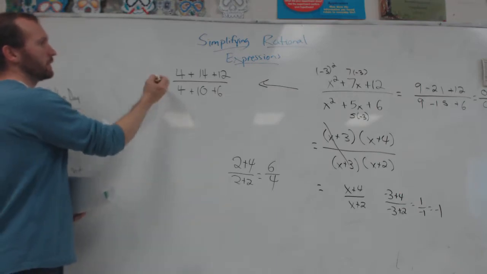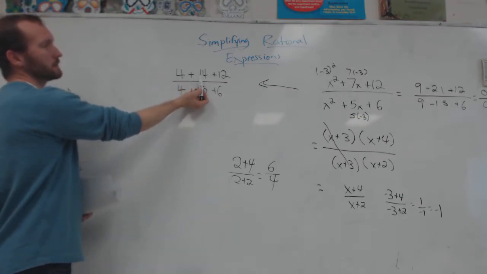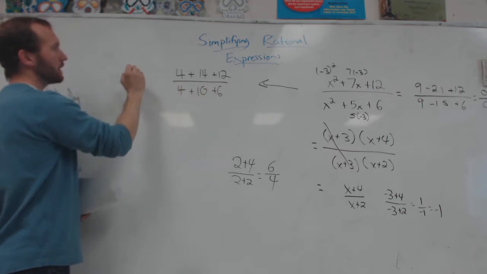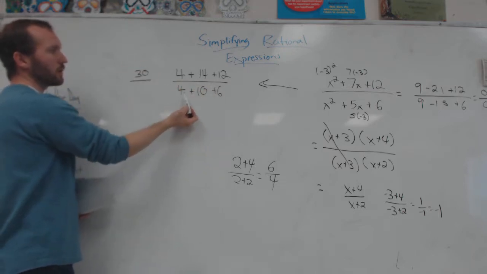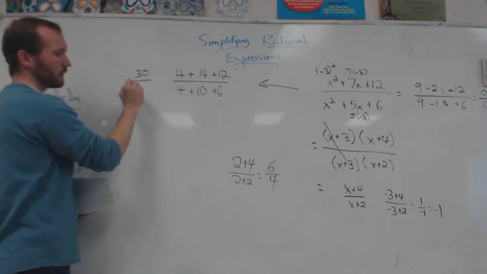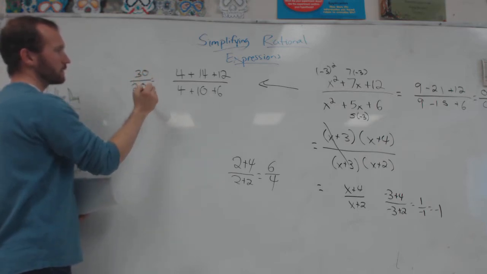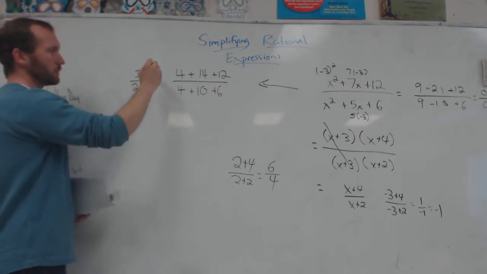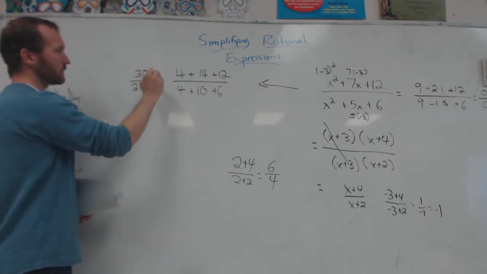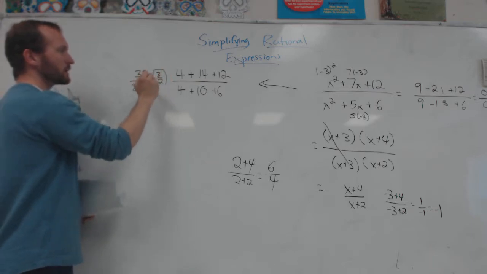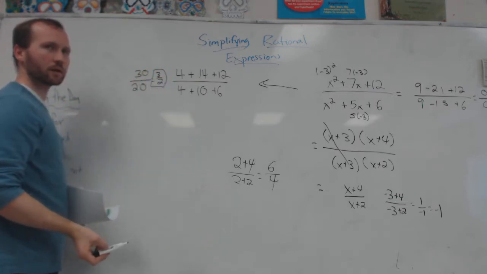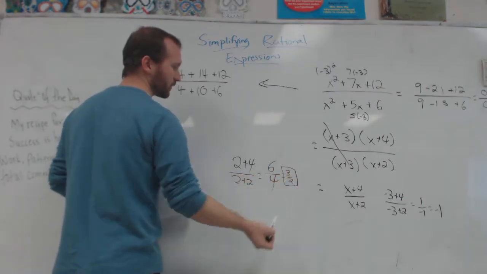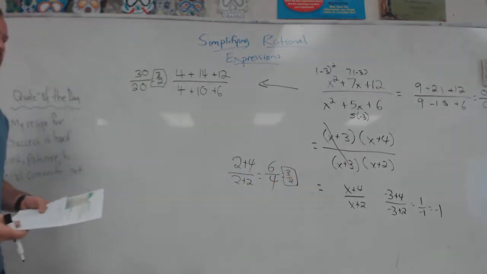I'm doing this right. 4 plus 14 is 18, plus 12 is 30. 4 plus 10 is 14 plus 6 is 20. 30 over 20 is equal to 3 halves. Wait, I thought I was going to get the same thing that I got down there. It is the same thing, yeah. 6/4 is also 3 halves.